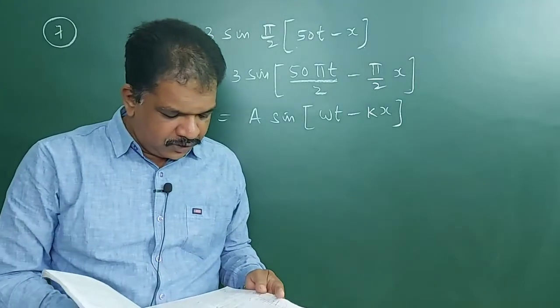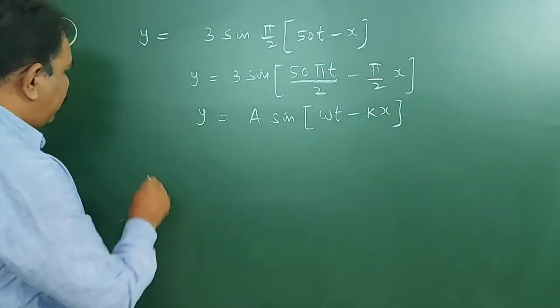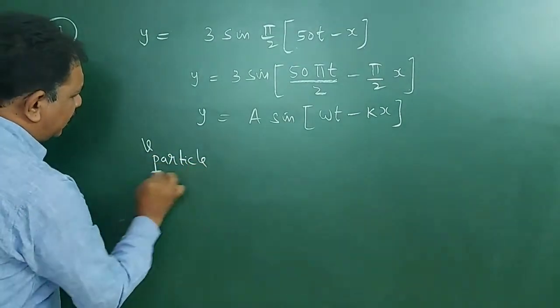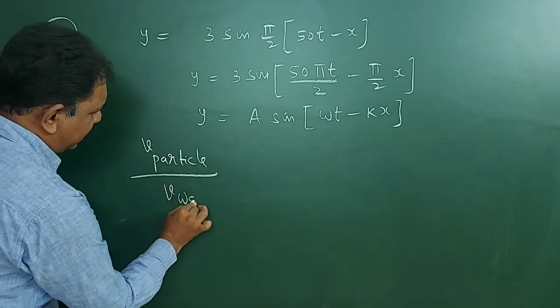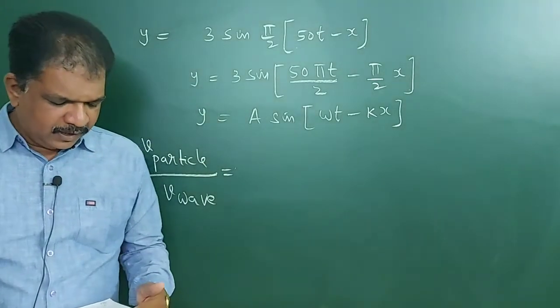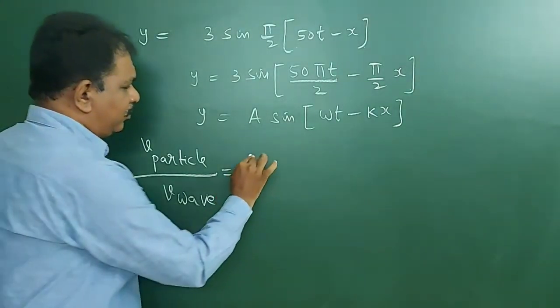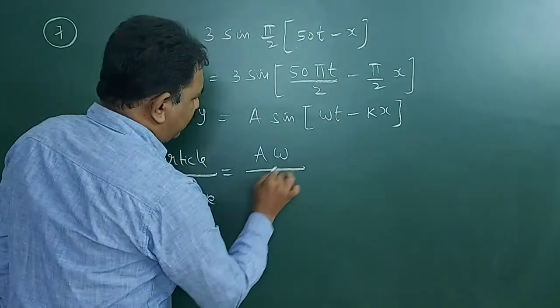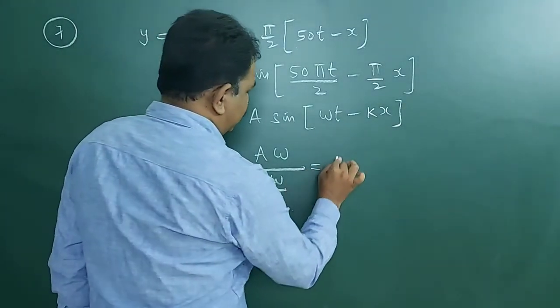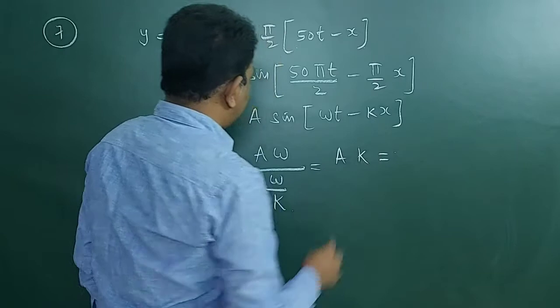Then the ratio between maximum particle velocity and wave velocity is how much? Maximum particle velocity will be A omega. Wave velocity will be omega by k. So the ratio is A into k.